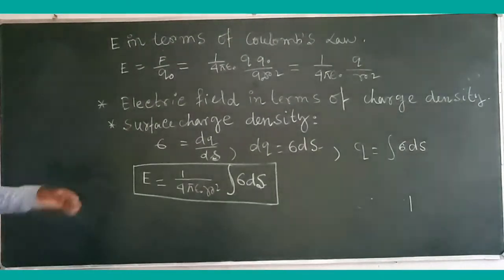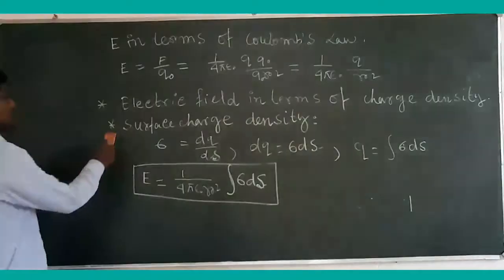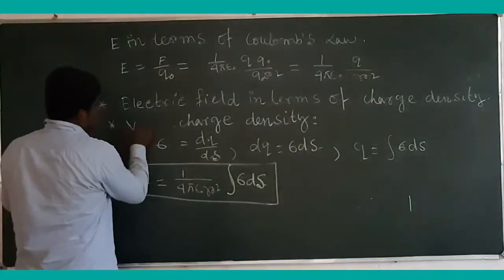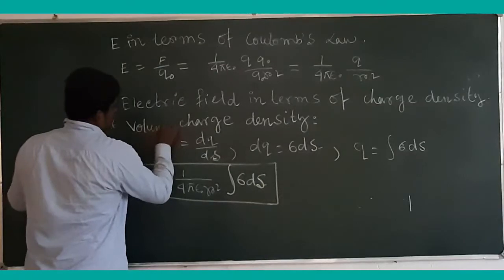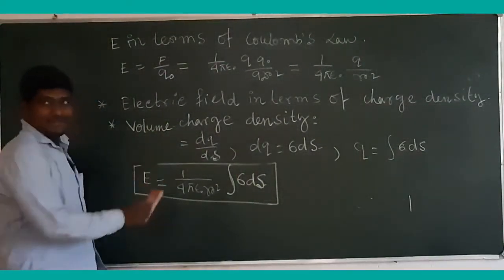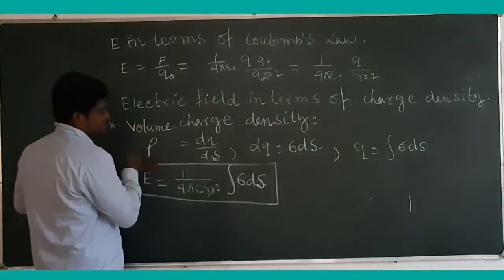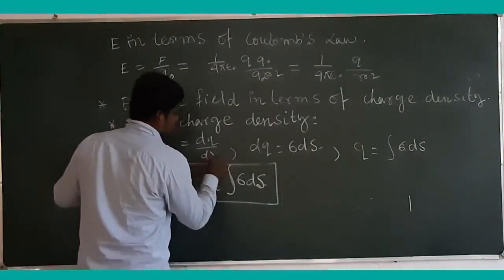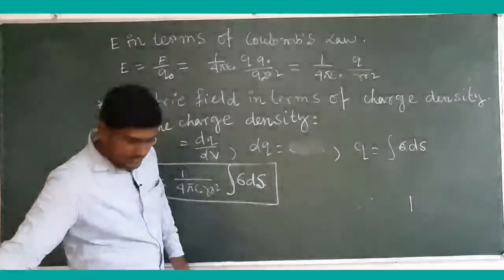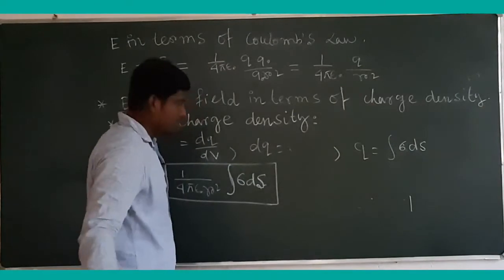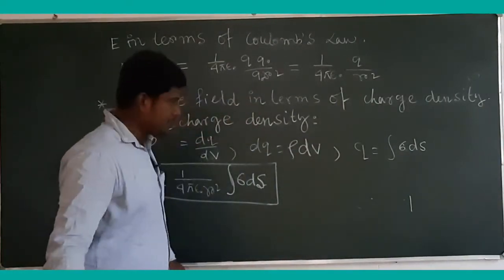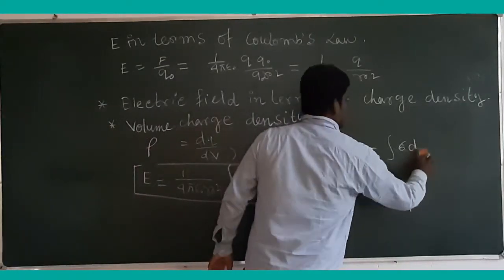So for the next case, we will erase this portion and write volume charge density, and this is written as rho, this will be V, and this will be rho dV.